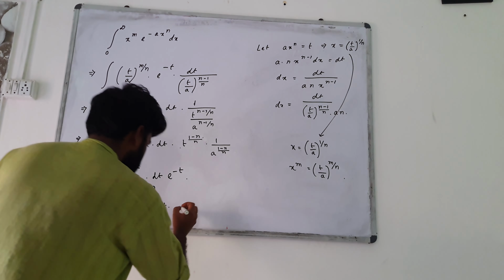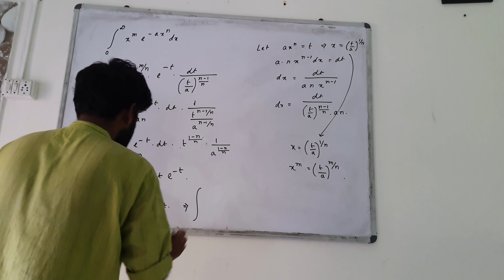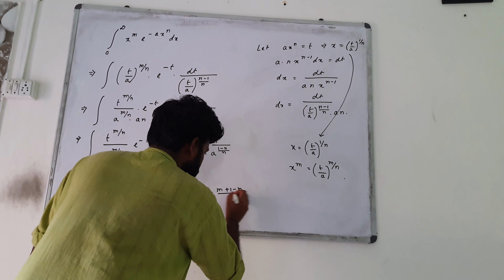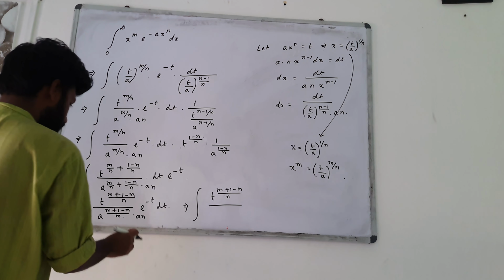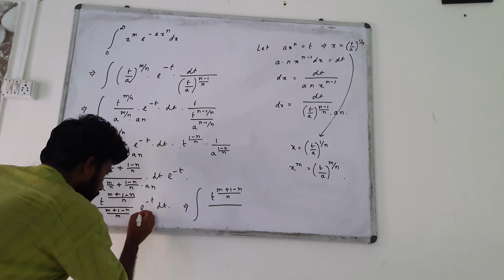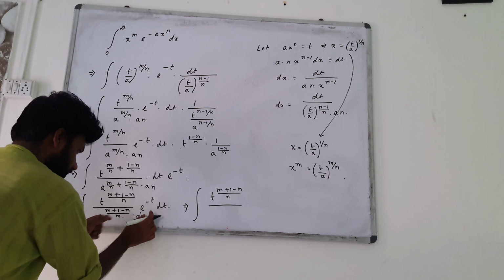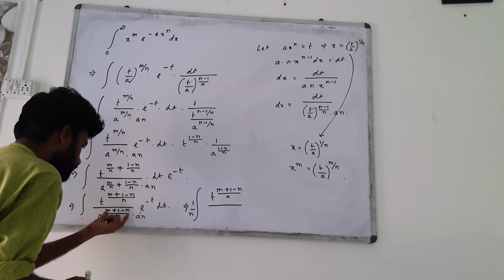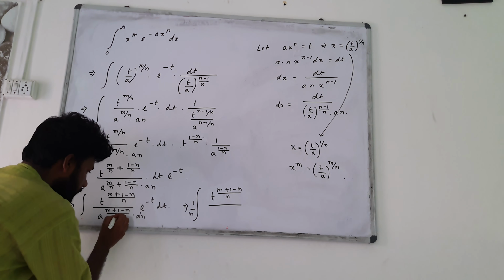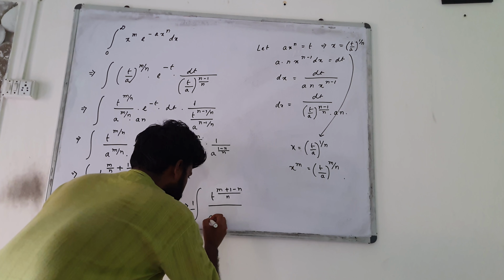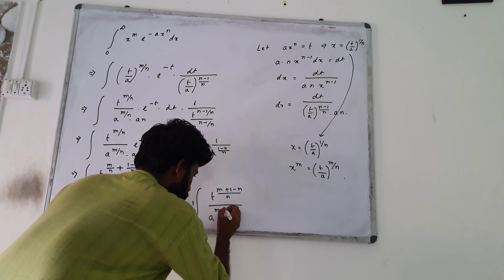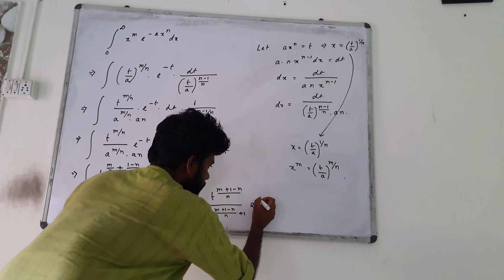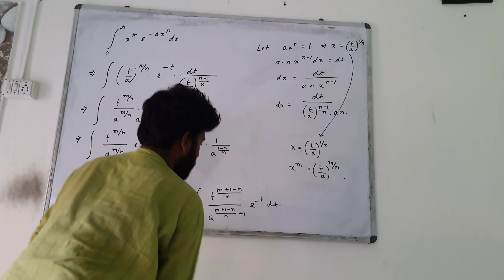So ultimately this will go t to the power m plus 1 minus n by n, and if a means a to the power 1, so I will just extract 1 by n there, and a to the power 1 plus this thing actually goes to a to the power m plus 1 minus n by n plus 1 exponential of minus t dt.